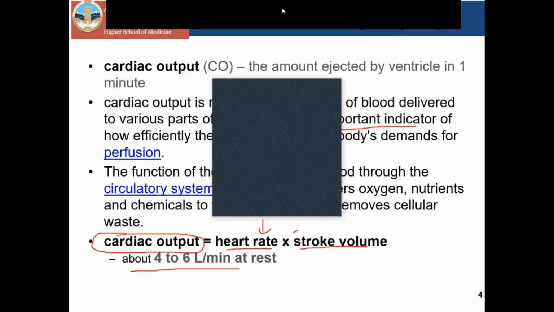So when the heart does these four steps, that means one heartbeat, right? Yes, because the contraction of the two atriums and the contraction of the ventricles happen at one time. It means they contract together and we have a heartbeat.